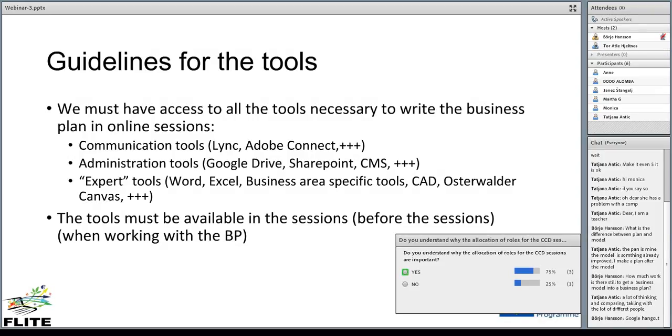In this way, you can also work asynchronously, and you can go inside and see what the other persons have been doing since the last session when you're going to prepare for the next one. So that's more or less about the tools.